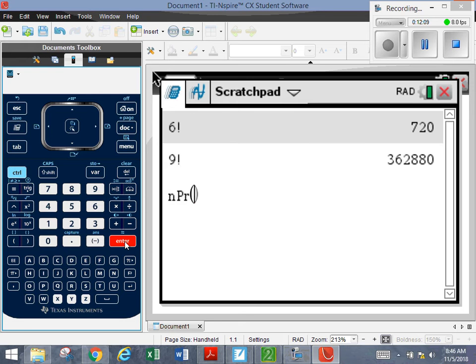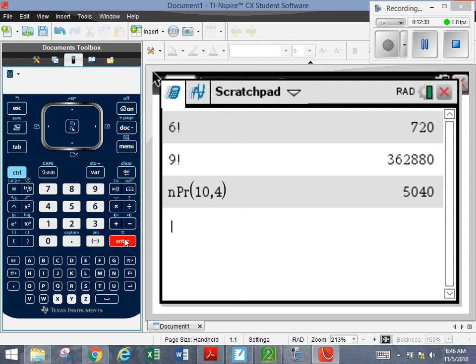Now, like I was saying, in our calculator, you put the bigger number first, smaller number last, so 10, comma, 4, and enter. And it's 5,040.